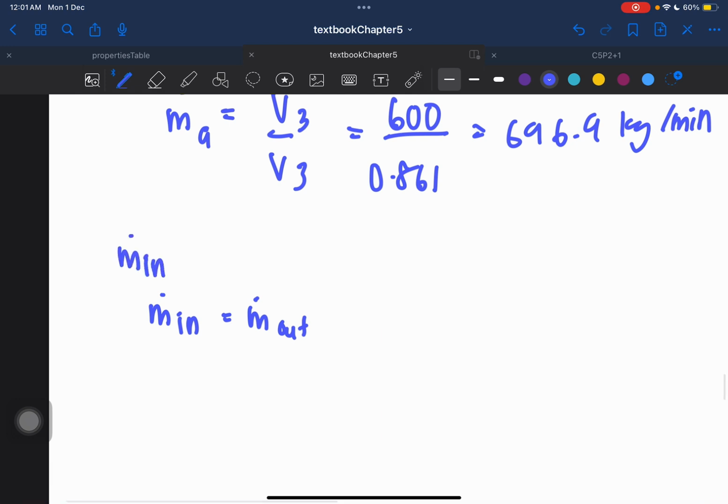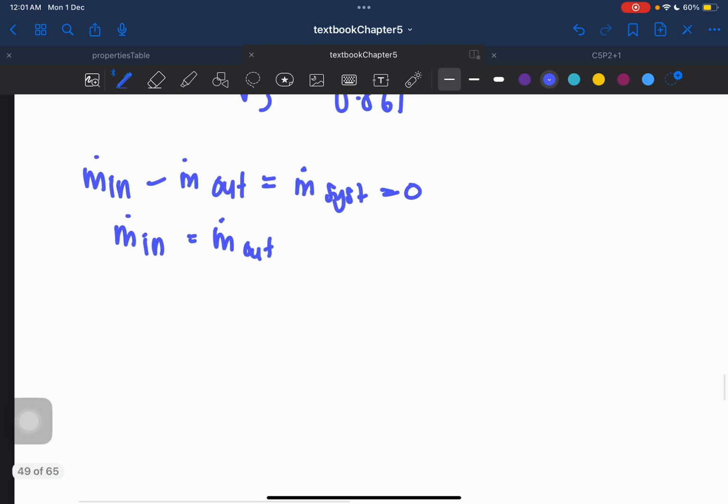Because mass flow rate in minus mass flow rate out is equal to the mass flow rate change of the system, and because that is 0, mass flow rate in equals mass flow rate out.